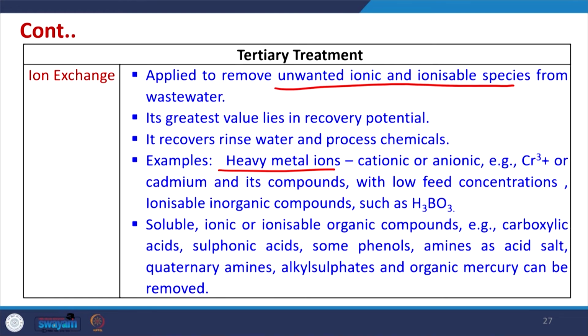In particular, suppose we have to feed water to a boiler for steam generation. We need to remove the calcium and magnesium to avoid scaling in the pipelines as well as scale formation in other units. So, the ion exchange technique is very common.